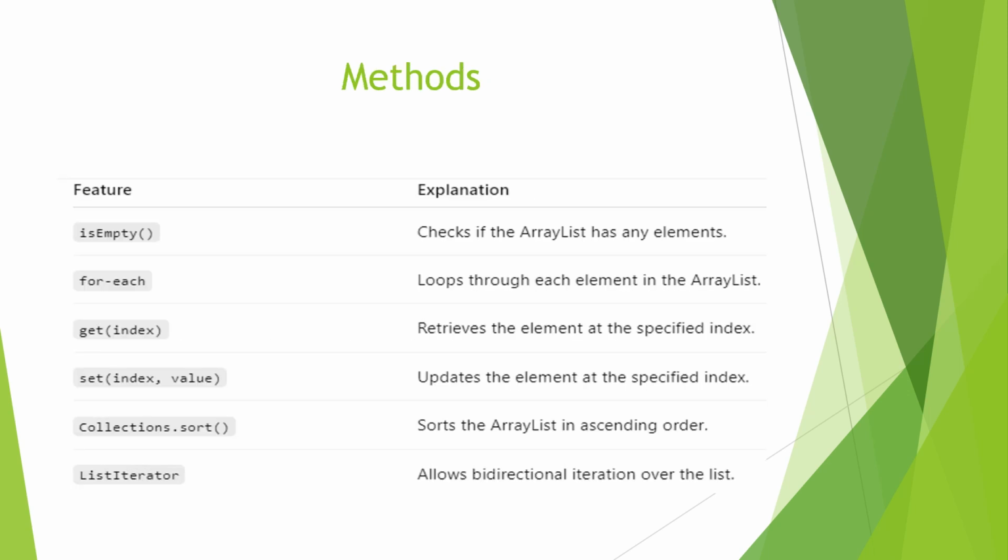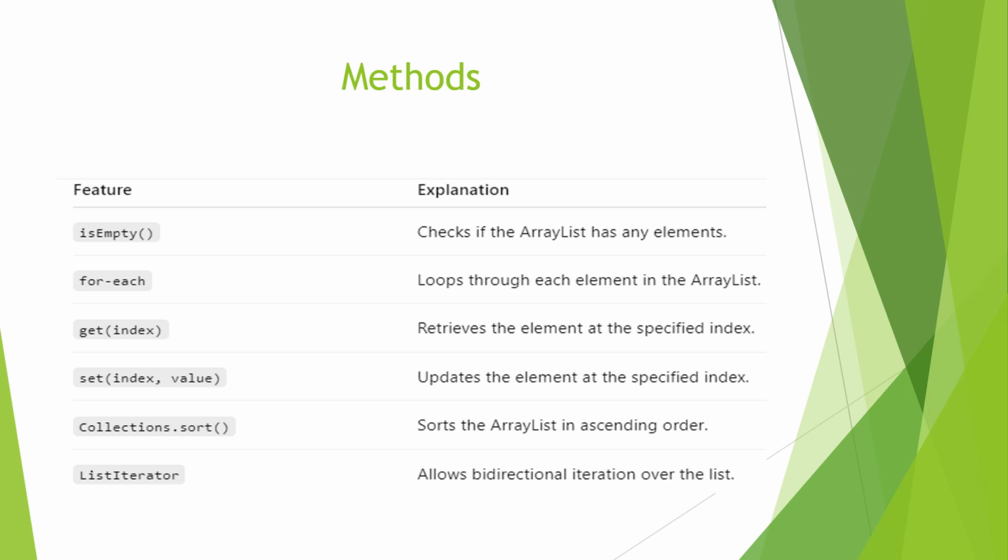There are several methods to perform on array list, but I have noted only a few of them here. The first one is the isEmpty method, which checks whether the array list is empty or not. Then the for-each loop goes through each element in the array list.